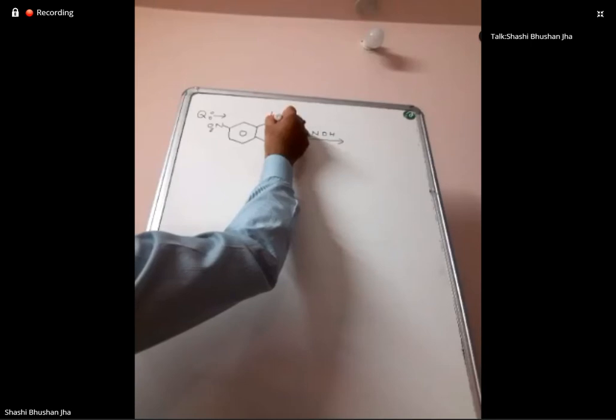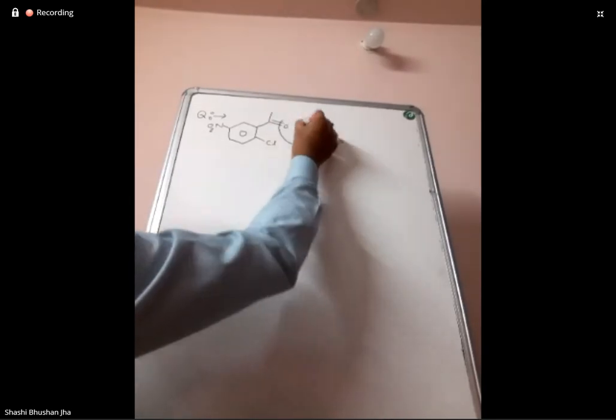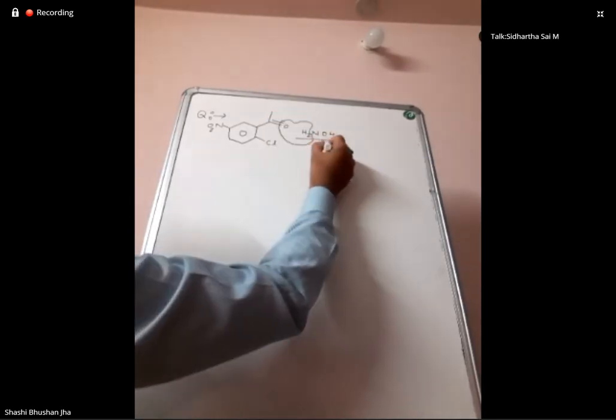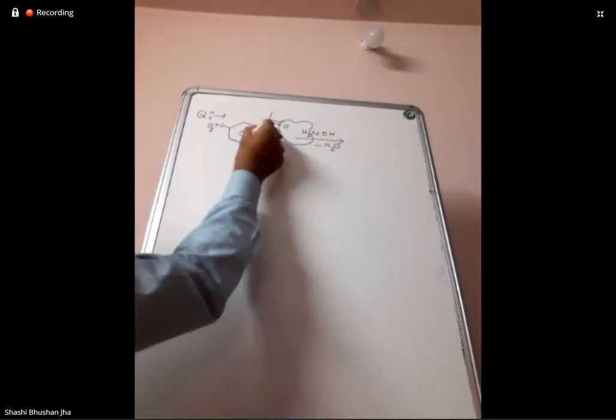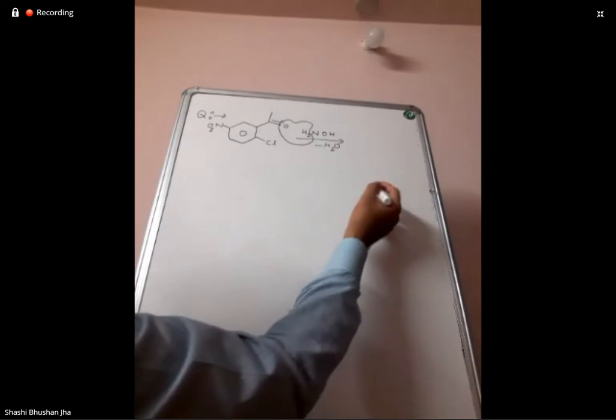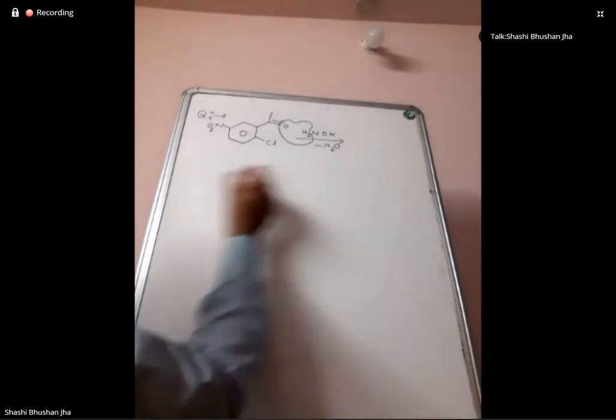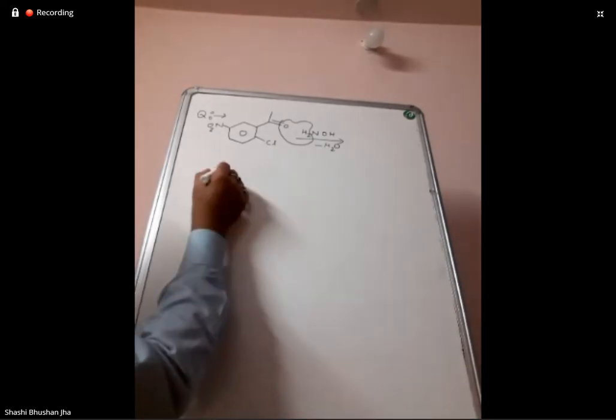So just write the product here, and you know how to write the product in this case. You need to connect this carbon by a double bond. Writing the product.